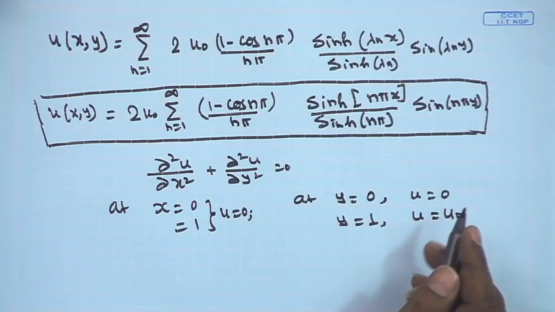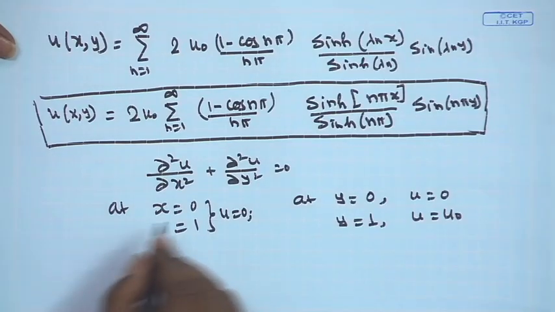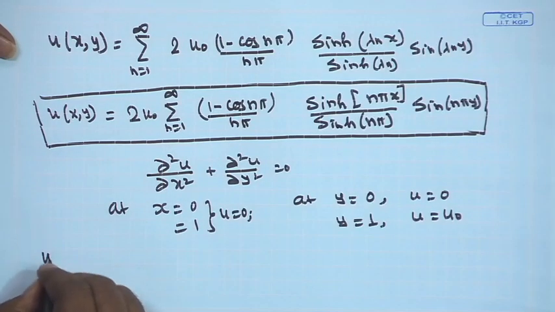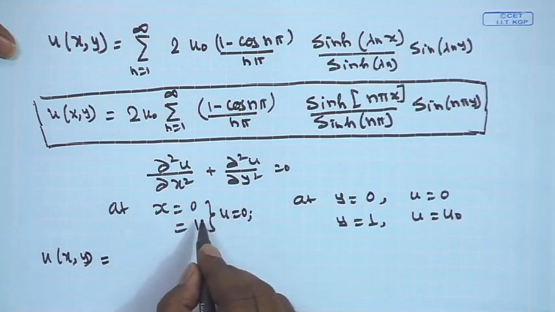In this case, we will be formulating a standard eigenvalue problem in the x direction, because the boundary conditions are homogeneous in the x direction, and in the y direction we will be having the hyperbolic functions. So, the solution of this equation will be exactly similar to this, only the thing is that the eigenvalue problem will be defined in the x direction.